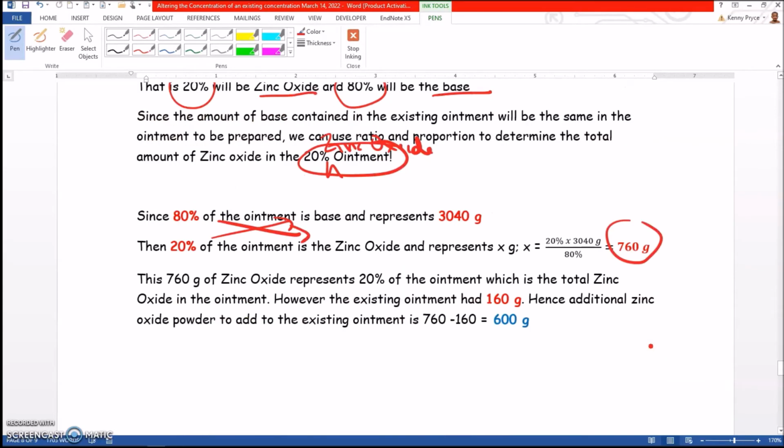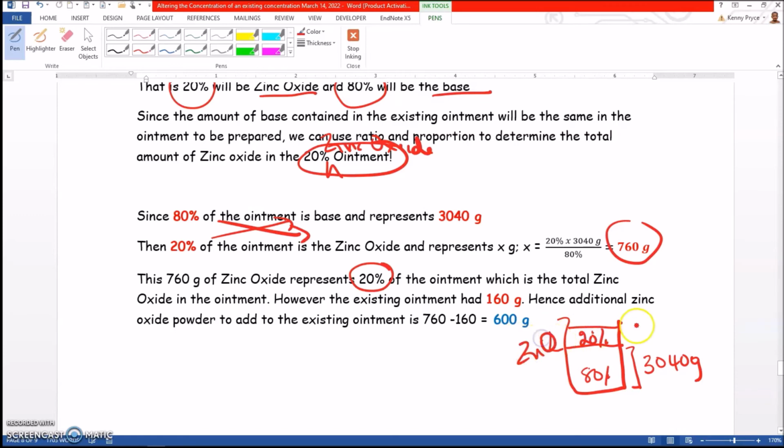But what does this mean? This means that 760 grams of zinc oxide represents 20% of the ointment. So if we do this graphically, this is 80%, and this represents the base, which is 3040 grams. And this is 20%, which represents the zinc oxide, and this is now going to be 760 grams.